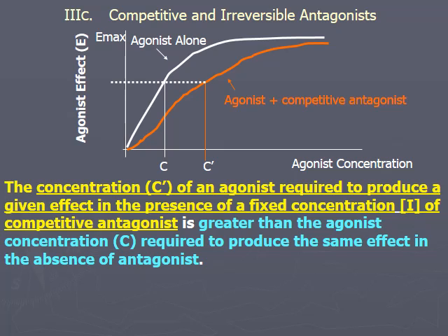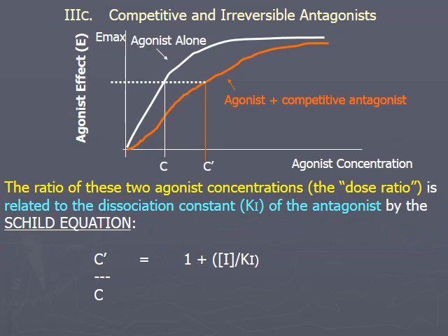And we can actually measure the degree of shift as a ratio of C prime to C. C prime meaning the concentration of agonist needed when you have competition around, compared to the concentration of agonist needed when there is no competition around. And that relationship of C prime to C is also known as the Schild equation.